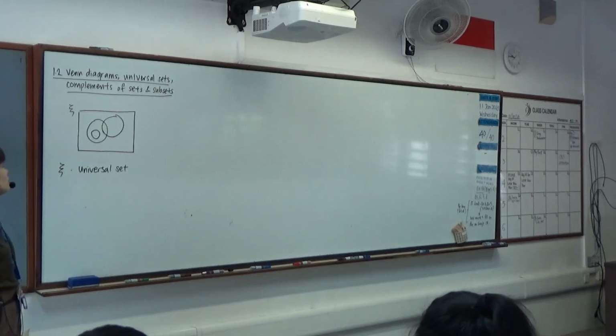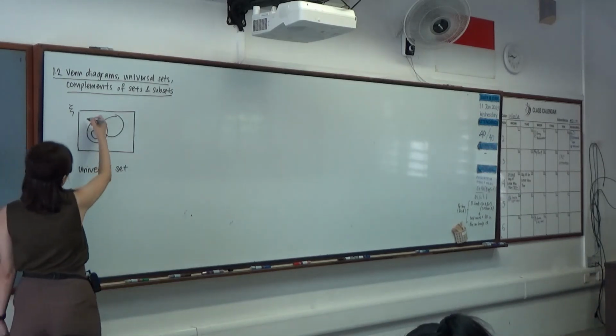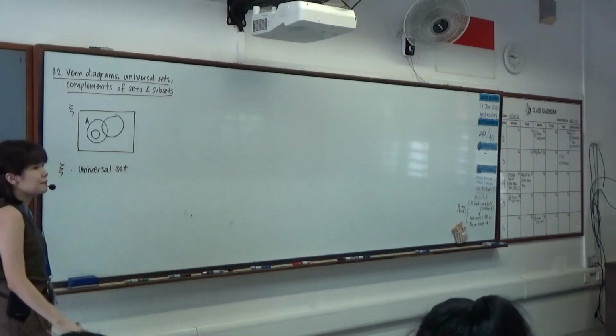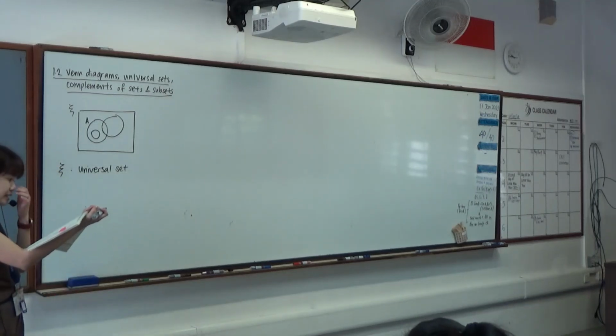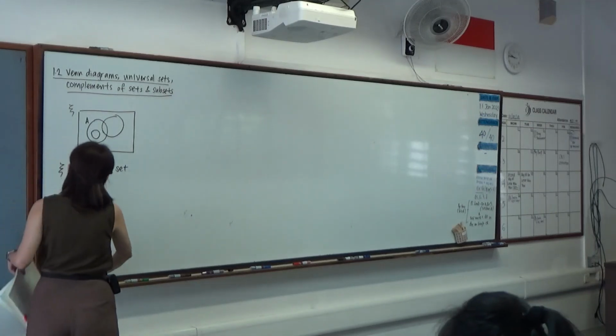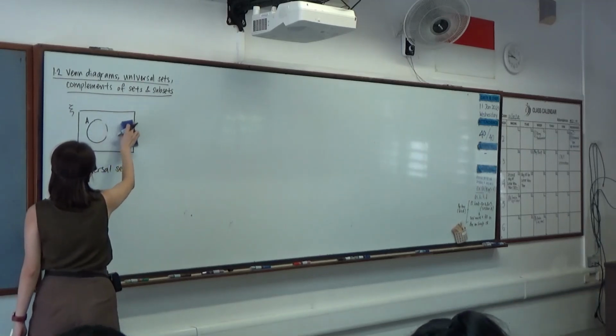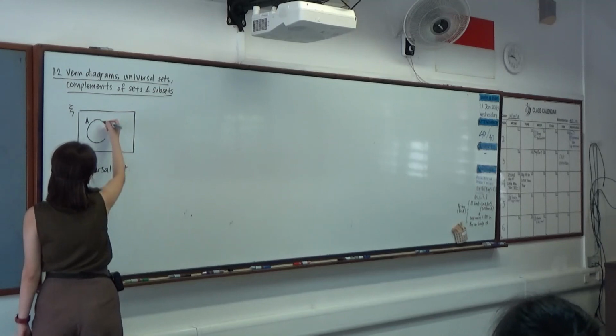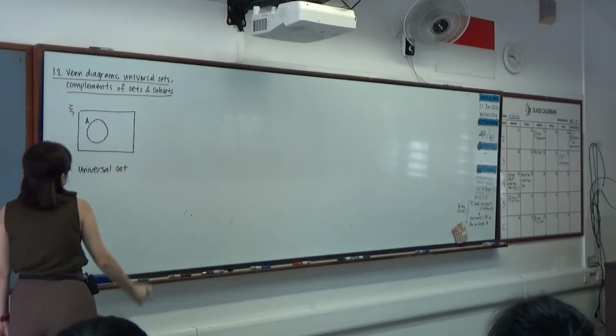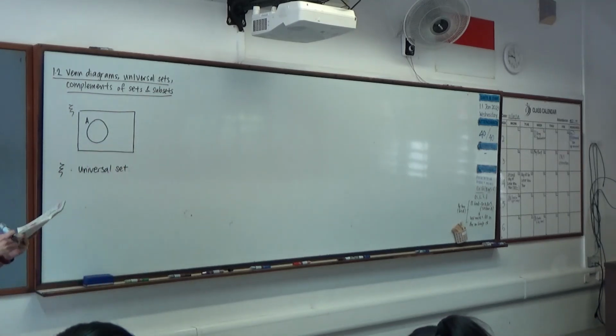We will label the circles, usually with capital letters. Let's start with something simple, with no overlaps first. Just one circle inside, so we have one set A inside it.